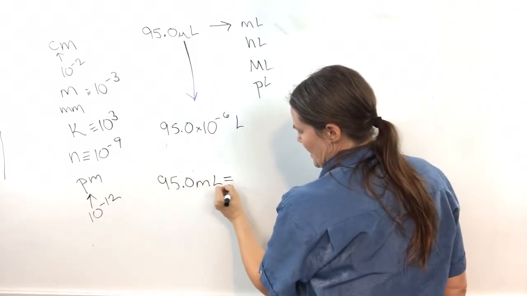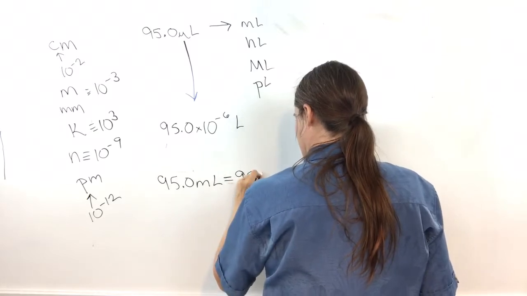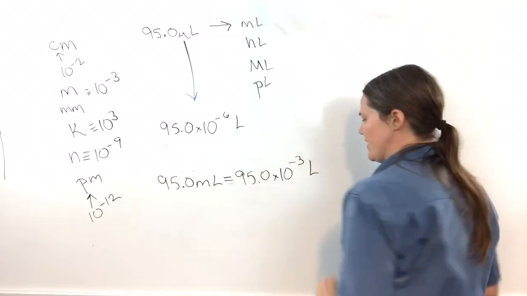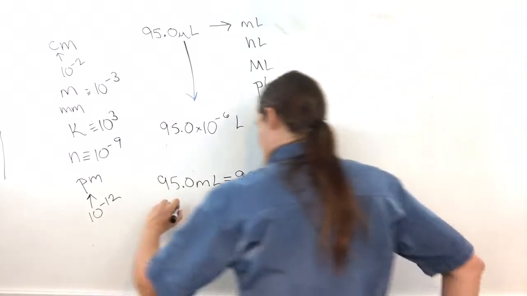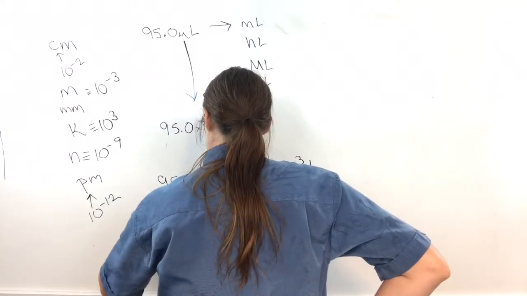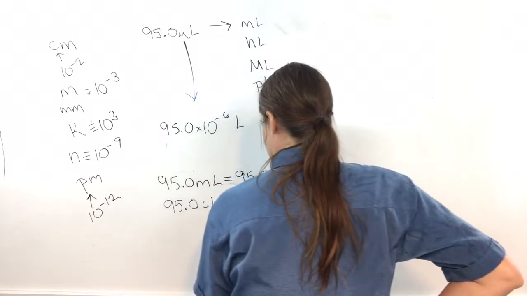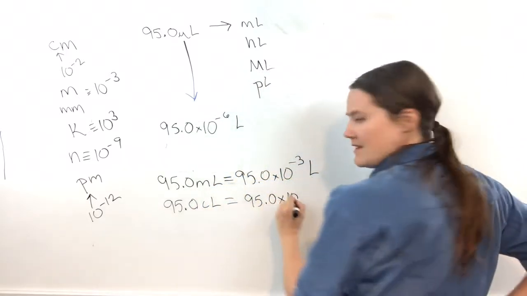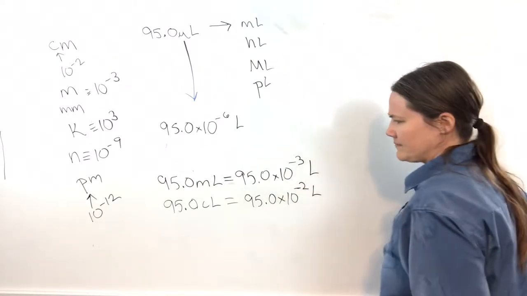Then this would be equal to 95.0 times 10 to the minus 3 liters, because milli is negative 3. Or let's say that you have 95.0 centiliters. This is equal to 95.0 times 10 to the negative 2 liters.